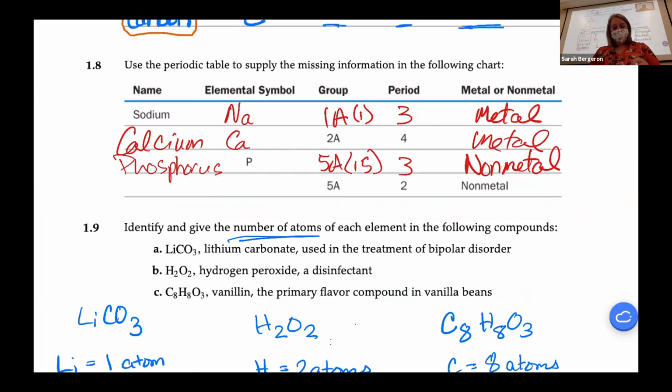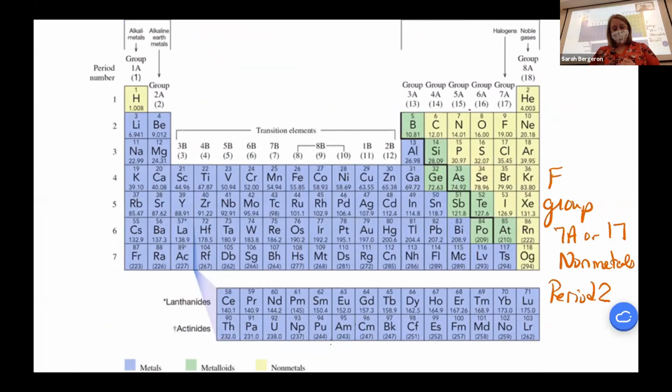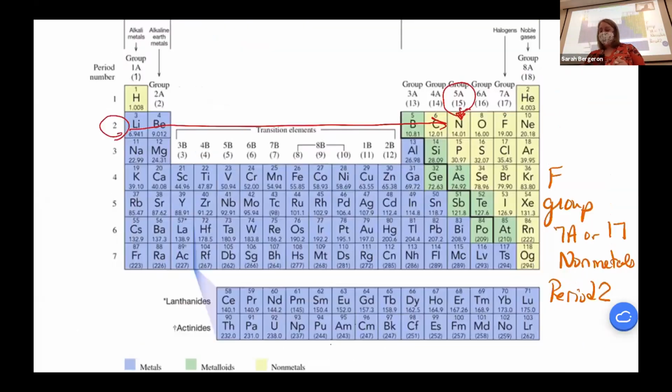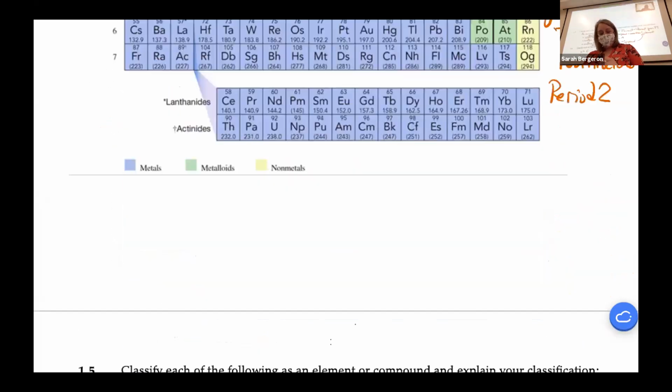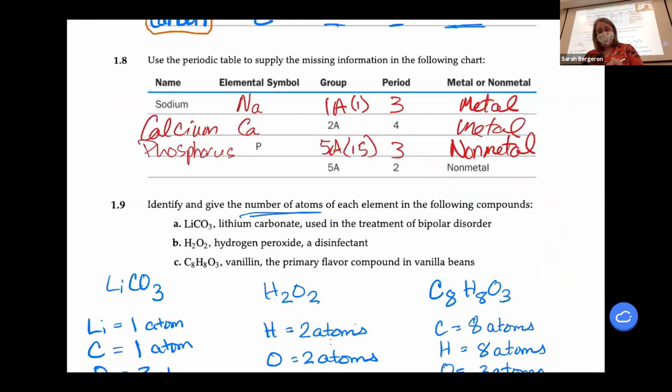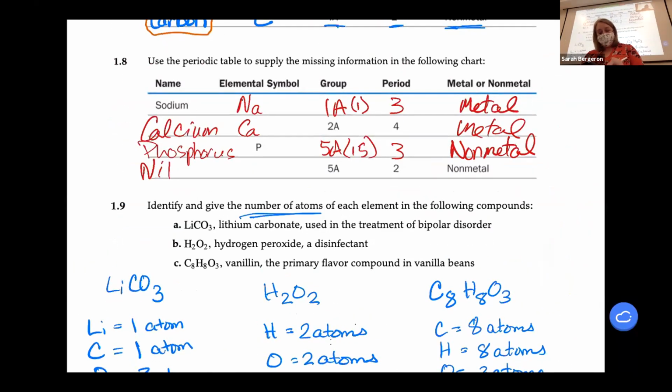Okay, 5A and 2. 5A and 2. So we need to find our junction. What do we got? Nitrogen. And what color? Yellow. Okay, nitrogen, and the rest is filled out for us.